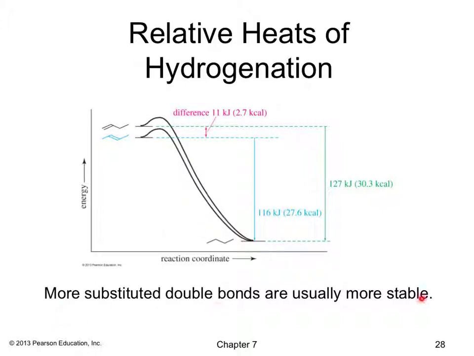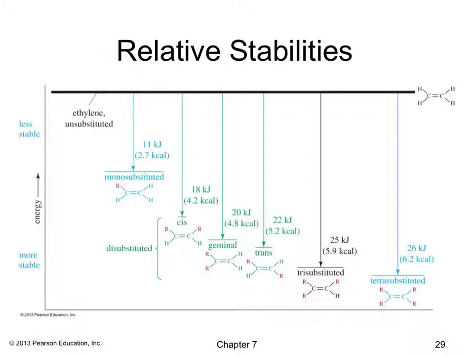So in general, the more substituted double bonds are usually more stable. If we look at the relative stabilities, you're starting off with ethylene that's unsubstituted, and then when you get monosubstituted, you are 11 kilojoules more stable.